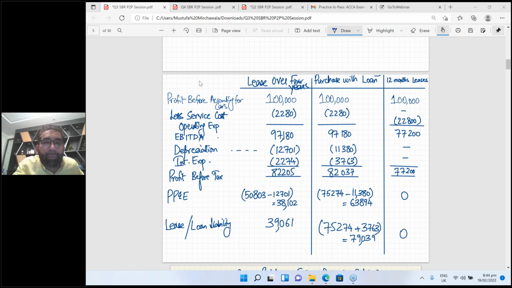The moment you deduct 2280, because this is like operating expenses, you will get EBITDA. Sir, why is this 97180 EBITDA? Let me tell you, because EBITDA means earnings before interest, tax, depreciation and amortization.